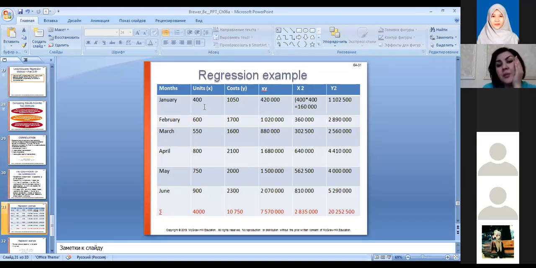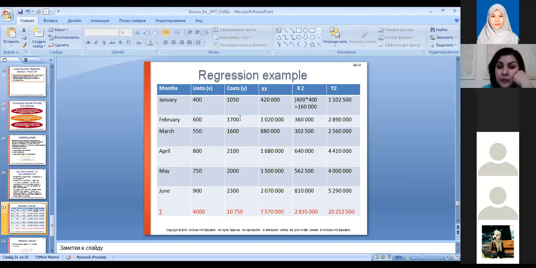Which means X can be any number produced. We can produce 400, 600 units, but cost depends on the number of units produced. The higher the number of units produced, you see, the higher the costs are. So that's why X is independent, but cost, which is Y, is dependent. We call it the dependent variable.